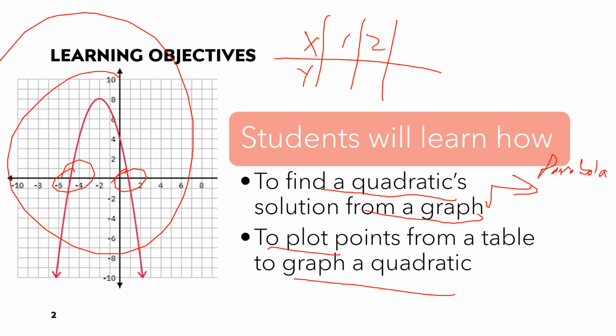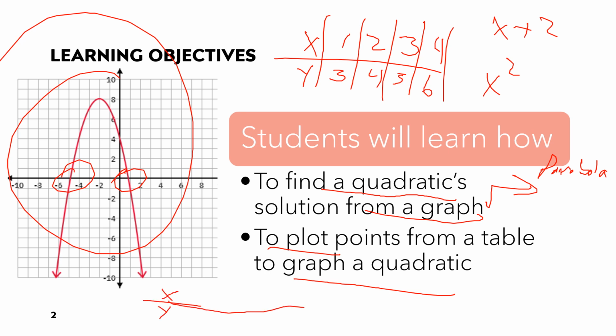You may have had a table and an equation like x plus 2, where 1 plus 2 is 3, 2 plus 2 is 4, 3 plus 2 is 5, 4 plus 2 is 6. Remember, a quadratic is the squaring function. So you would have something like x and y.